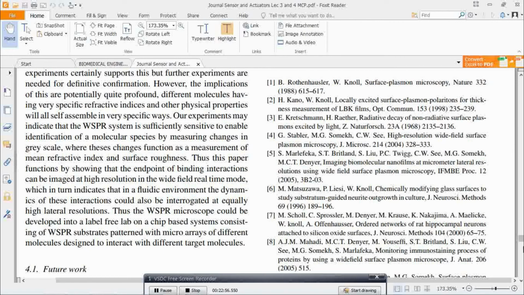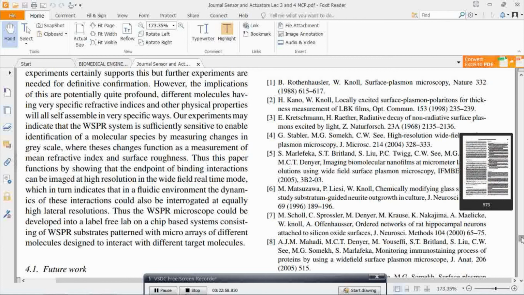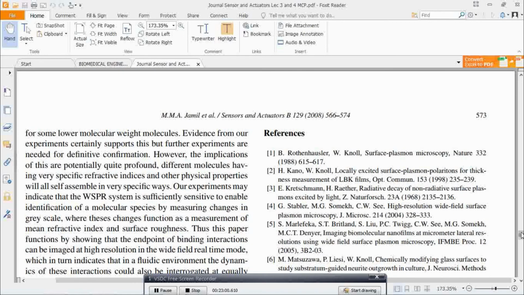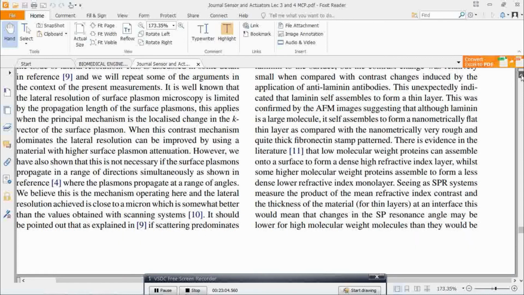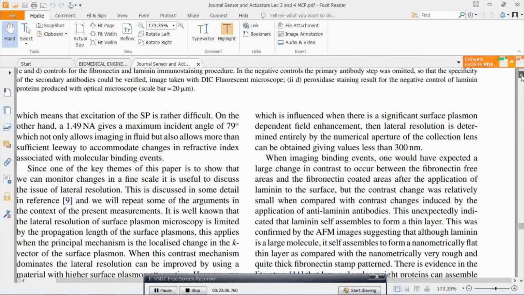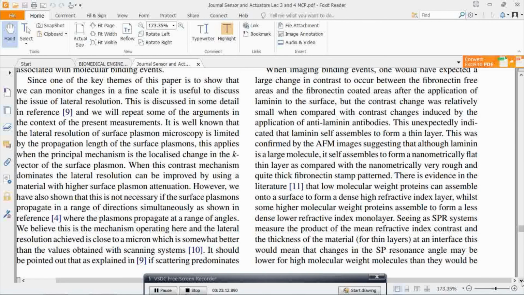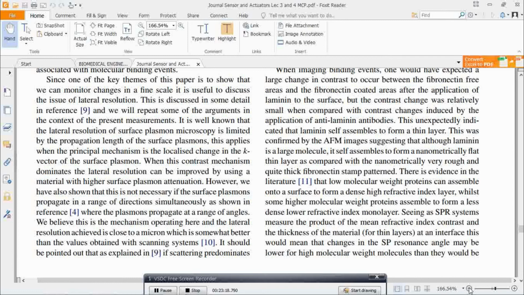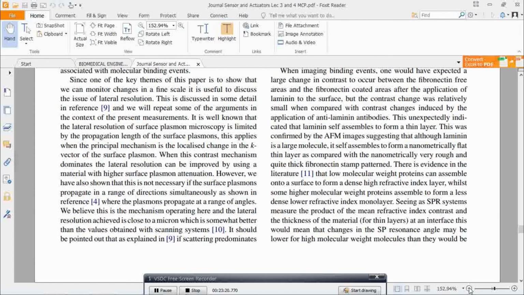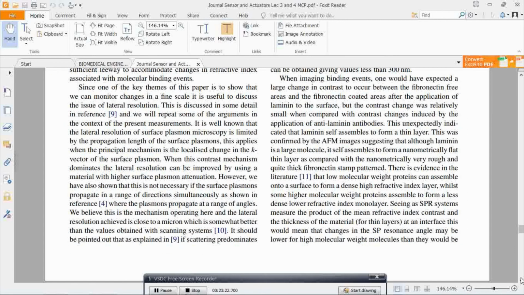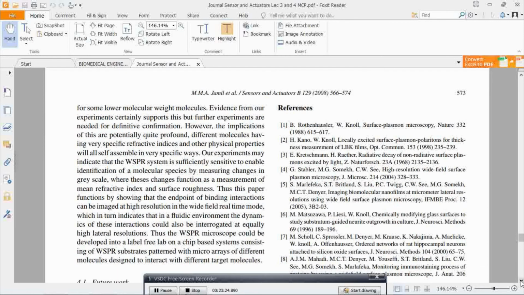Now from this study, we know that the wide field surface plasmon system can be used to study the attachment of molecular species onto the surface. That means the deposition of proteins does show very sensitive recording by the surface plasmon system.